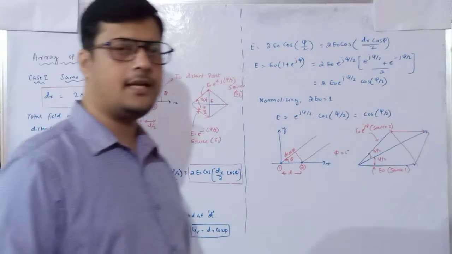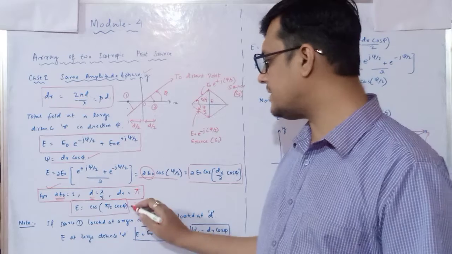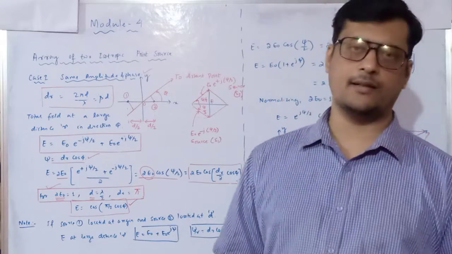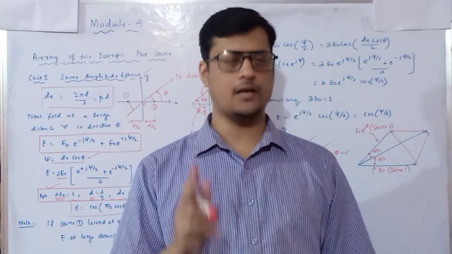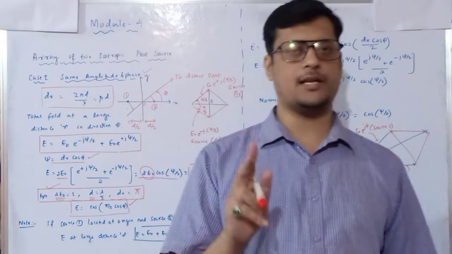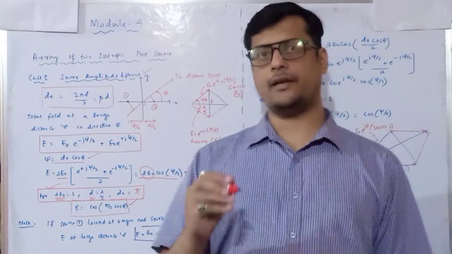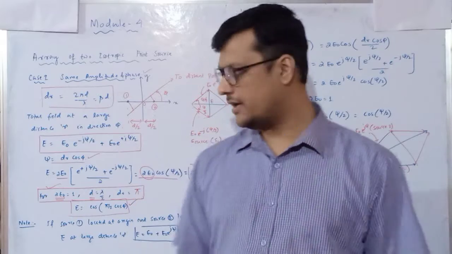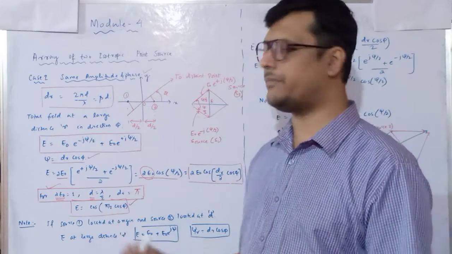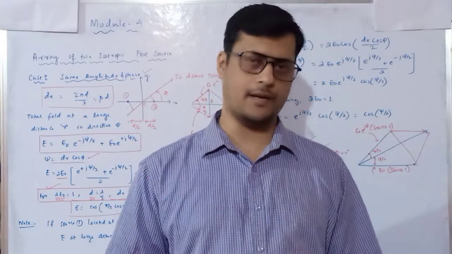That means this is the electric field pattern for 2 point sources, an array source, positioned at a certain distance d. So this is our field pattern. If anybody asks what the power pattern is, you need to square it, that is cos square of pi by 2 cos phi. That is called the power pattern, and this is called our field pattern.